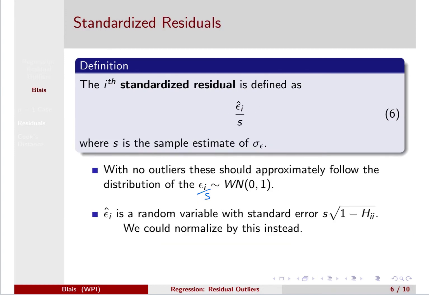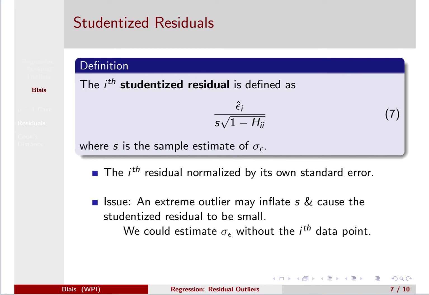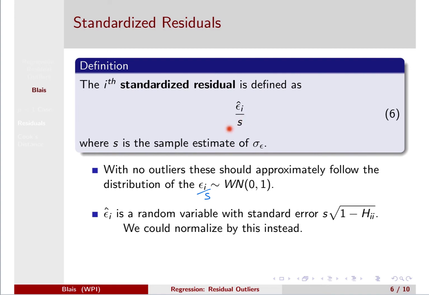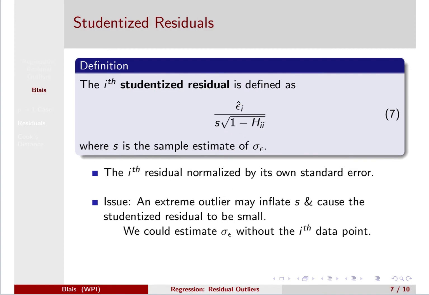It increased s. But one problem there is that in this calculation, that increases our denominator. So it shrinks this ith studentized residual. It also increases the denominator for our standardized residual and shrinks these.